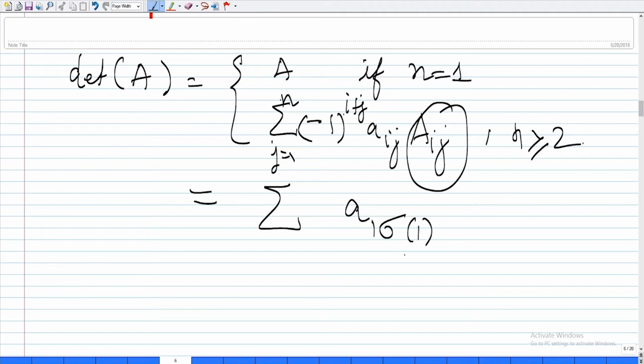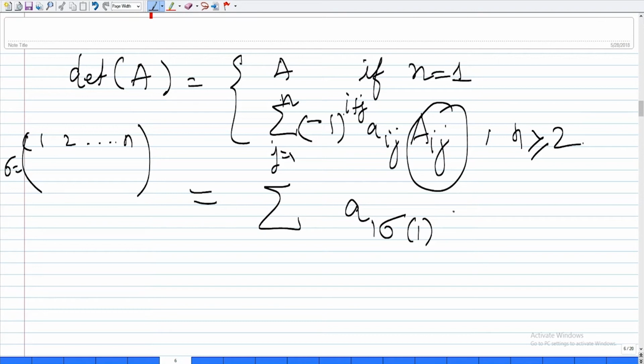You have a permutation of 1 to n. Suppose I look at 1 to n and I consider a permutation of this. How many permutations are possible? N factorial permutations are there. So, the summation is going to run over all possible permutations.